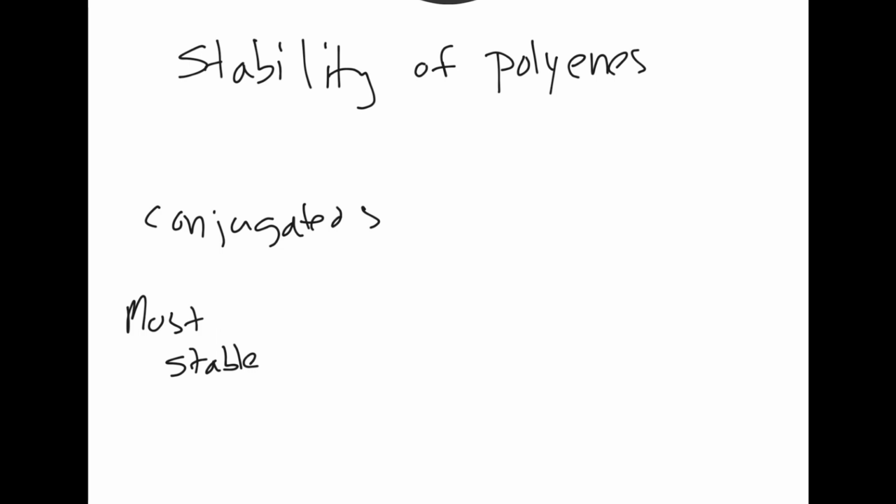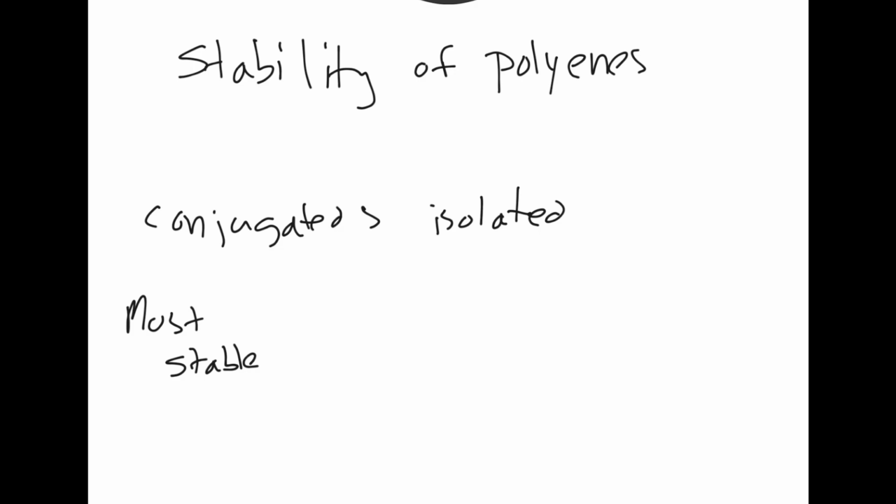The more resonance structures you can draw for a molecule, the more stable that molecule is going to be. So when you're conjugated, you have more resonance structures because your double bonds can talk to each other and make resonance structures. Next is isolated. There's nothing particularly destabilizing about just having 2 or 3 or 4 double bonds just hanging out in the molecule, not talking or interacting. That's fine. They're isolated. There's nothing bad about them.